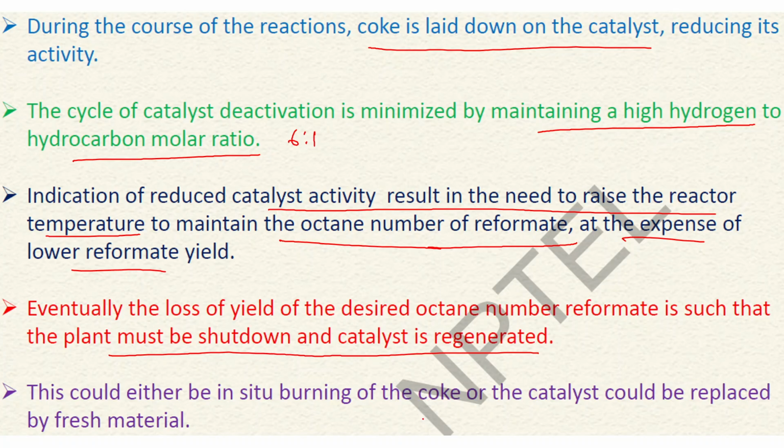It will produce carbon dioxide and remove the coke from the surface of the catalyst. Or if the catalyst is completely exhausted, so that even after removal of the coke there is no yield and the quality of the reformate is not met, then sometimes the catalyst is completely replaced by fresh material.